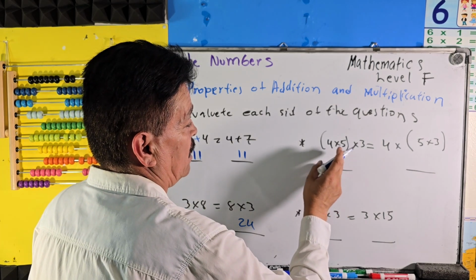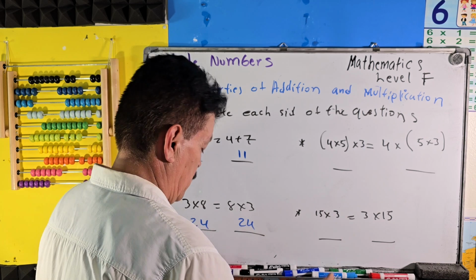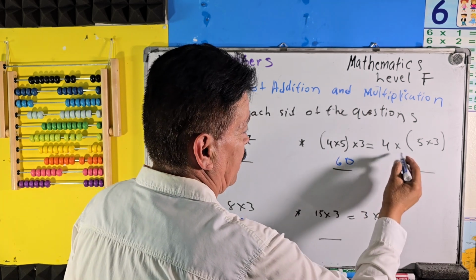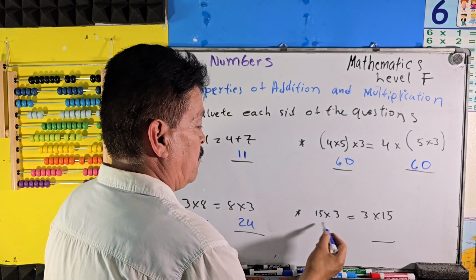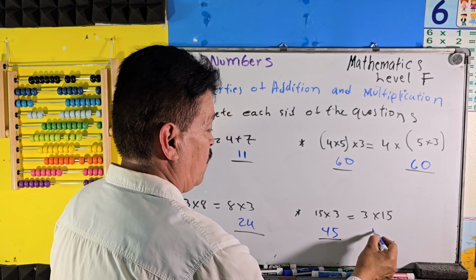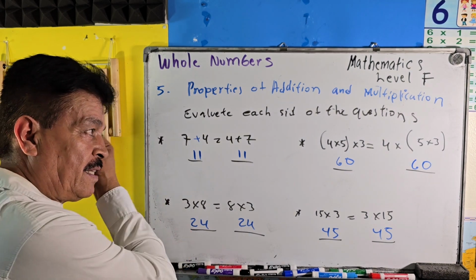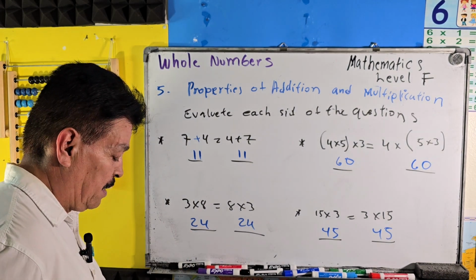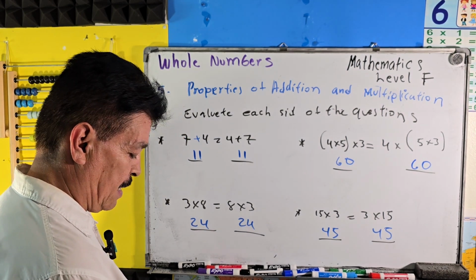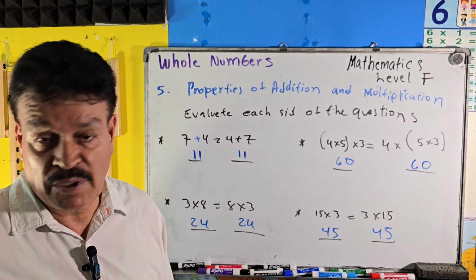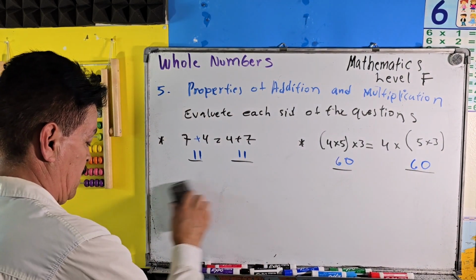Here 4 times 5 times 3 is 60, and 4 times 15 is 60. And 15 times 3 is 45, equals 45. See, it's very, very easy. It's not a big deal. It's a very simple question. So problems like this are coming in your test. Okay.